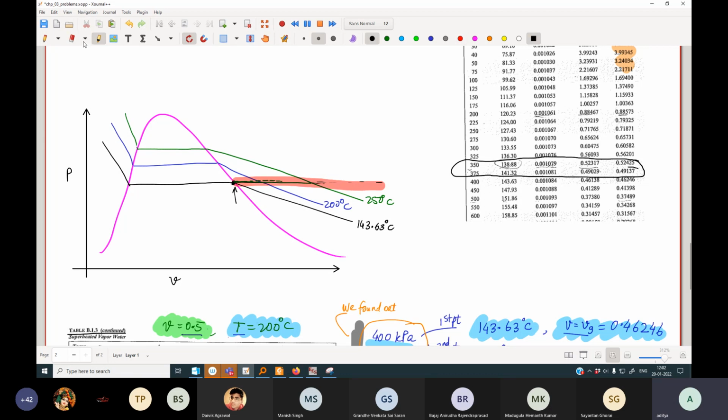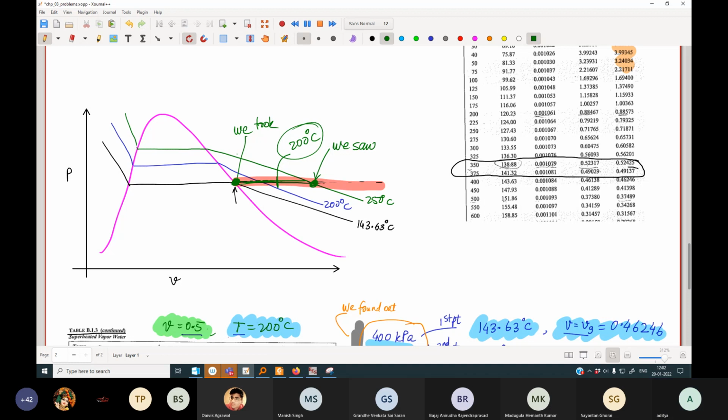I did not look at the previous table. So what did I do? I saw that there was a 250 degrees Celsius data point. We had nothing else, so from the saturated water tables, I took this point, and then we interpolated in between and found the property at 200 degrees Celsius.